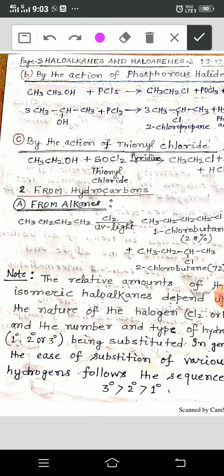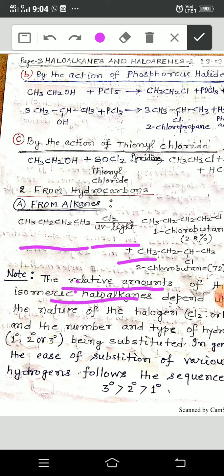So in this way, from hydrocarbons, from alkanes, it is a very simple reaction. Already you have learnt in class 10 and also in 11 that the reaction of halogen with alkanes in the presence of sunlight simply takes place with the help of free radical substitution reaction, and you will get the product like this. But remember, in this situation a mixture of haloalkanes is obtained because so many hydrogen atoms are attached to the carbon.